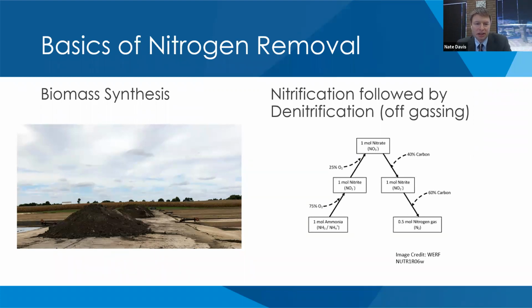But then when we denitrify, the heterotrophs can use those nitrates as an oxygen source, and it's effectively getting about 2.8 pounds of oxygen back for every pound that's denitrified. And you're also gaining alkalinity as you're denitrifying. So there are some advantages there. If you've got the ability to denitrify, it can save you electricity and improve your alkalinity.